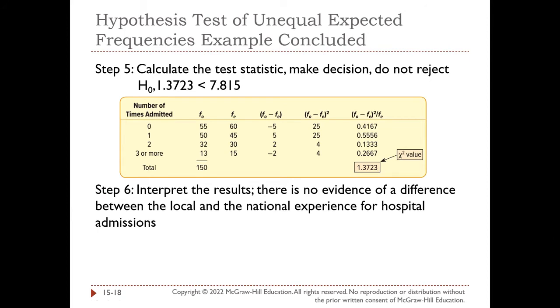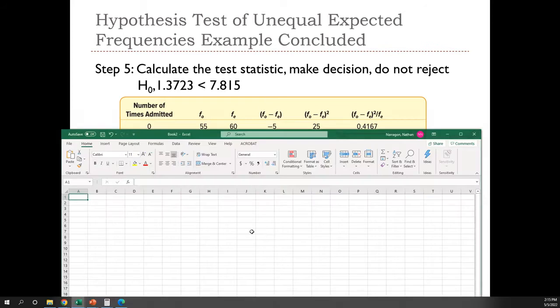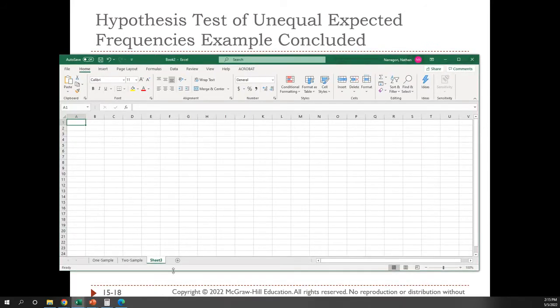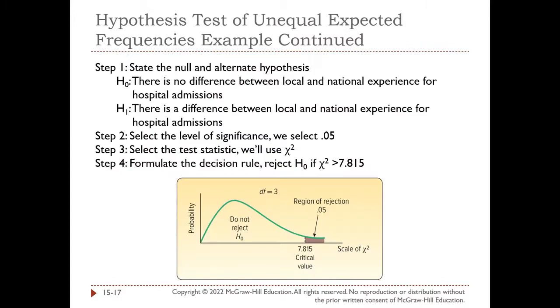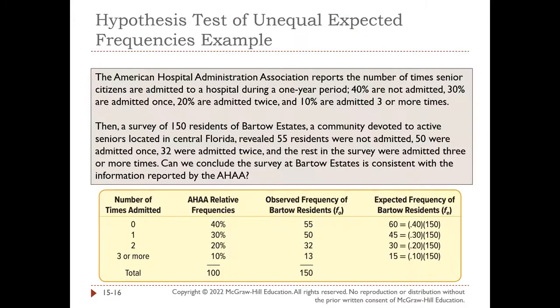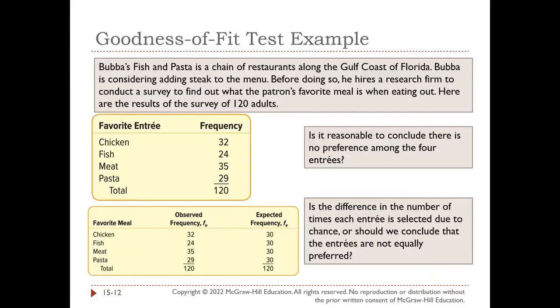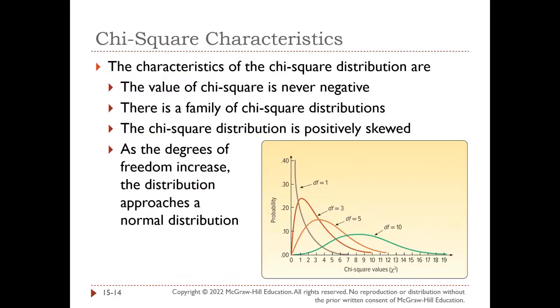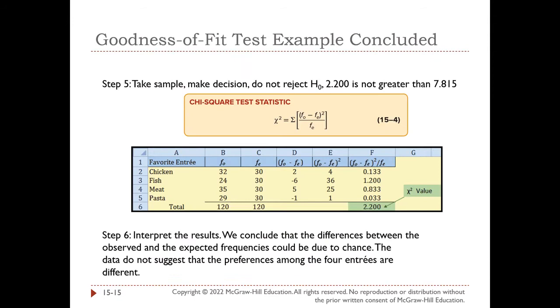In Excel, we're going to rename this to chi-square equal. Make sure we go to the chart that had equal. Remember, everything is expected.